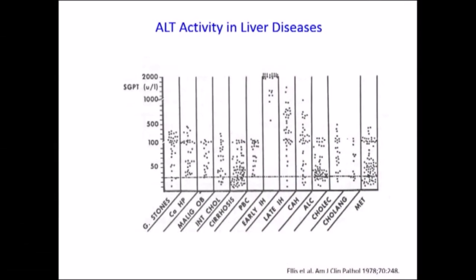Now, this is a very, very old slide from 1978, from the early days of when liver enzymes were established, and it shows that across a spectrum of disease, there is an elevation of liver enzyme, and this really set the basis for how we evaluate liver disease and why we use liver enzymes as a routine way of assessing liver health.